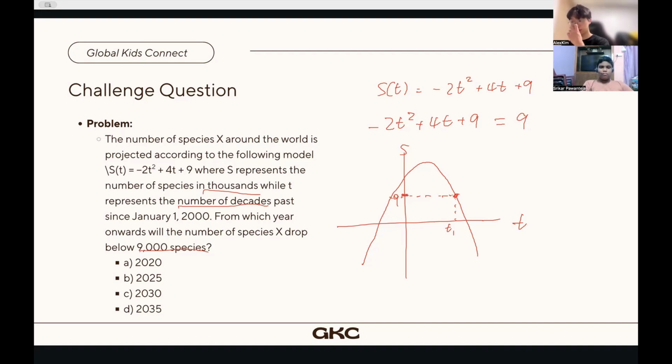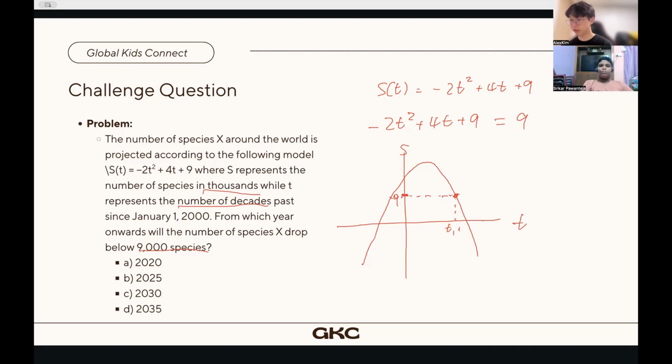But we need to find a number of decades or number of years that results in under 9,000. So our final answer will be a value that is slightly larger than t1, so maybe t1 plus 0.5, t1 plus 1.